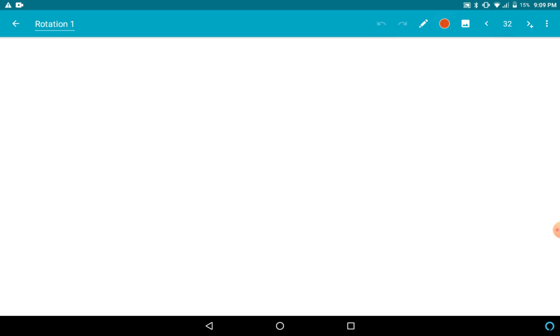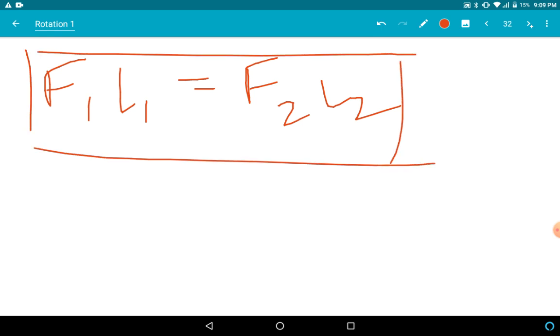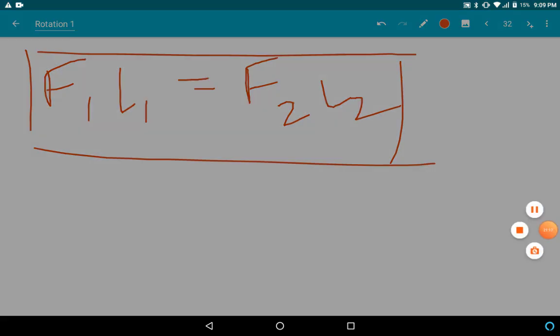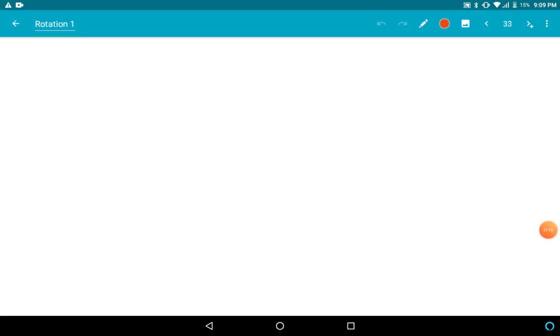Now the net anti-clockwise moment is nothing but F1 L1, and the net clockwise moment is F2 L2. This is the actual mathematical form. If you want to solve any sum with this, it is very easy. We're going to do a few sums with this.